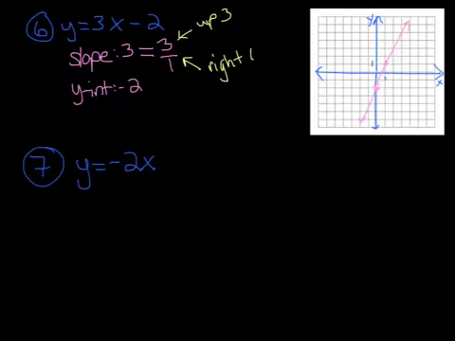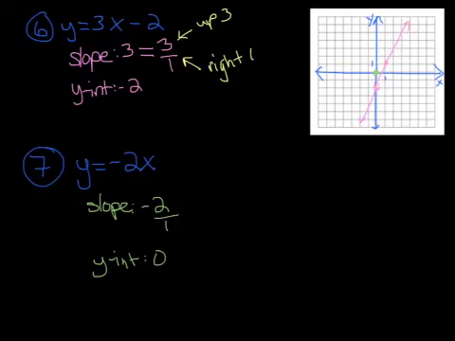So 7, it looks harder because there's no y-intercept listed. But remember, that means that the y-intercept is just going to be at 0. So my slope is -2, and I'm going to write it as -2 over 1. My y-intercept is going to be at 0. So what I'm going to do is I'm going to start by drawing my first point, my intercept, right at the origin, right at 0, 0.